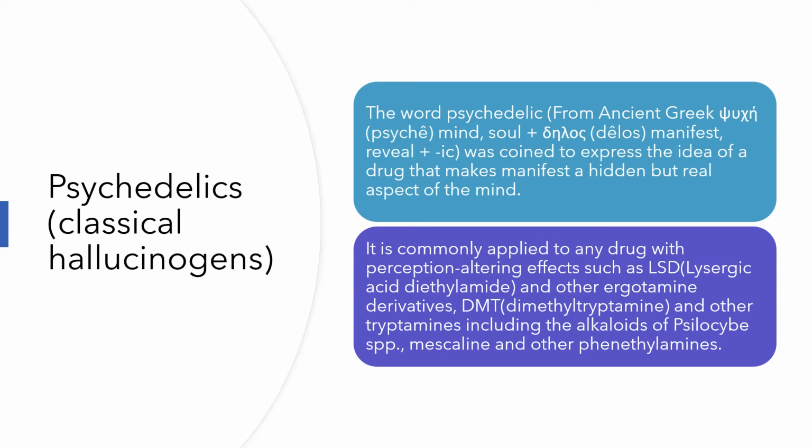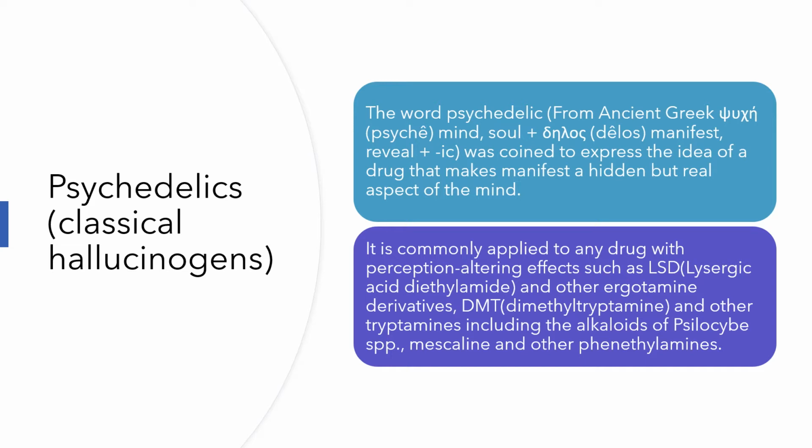Psychedelics are also known as classical hallucinogens. The word psychedelic is originally from ancient Greek. Psyche means mind or soul, and delos means manifest. This was coined to express the idea of a drug that makes manifest a hidden but real aspect of the mind.